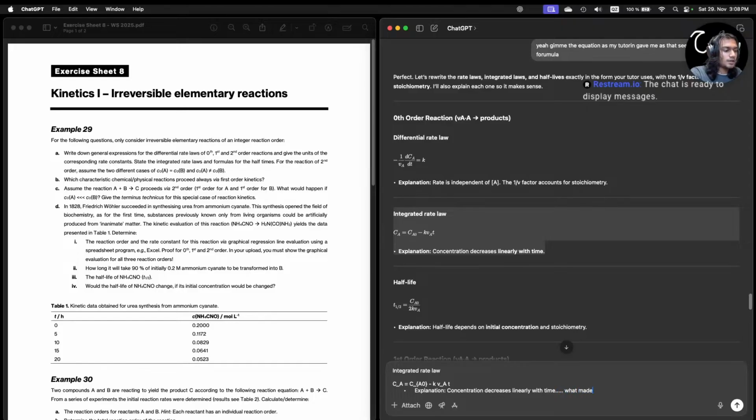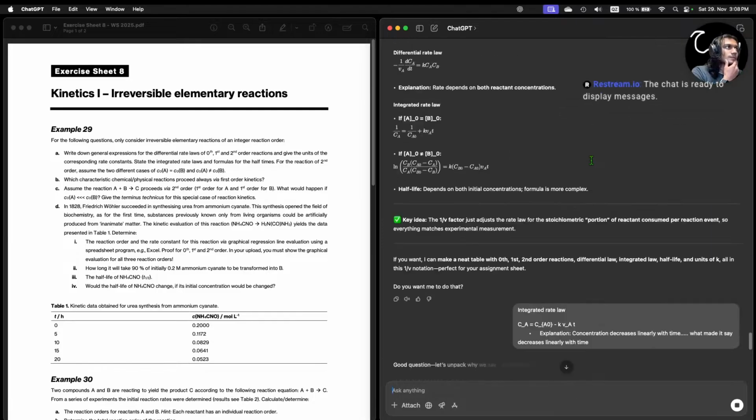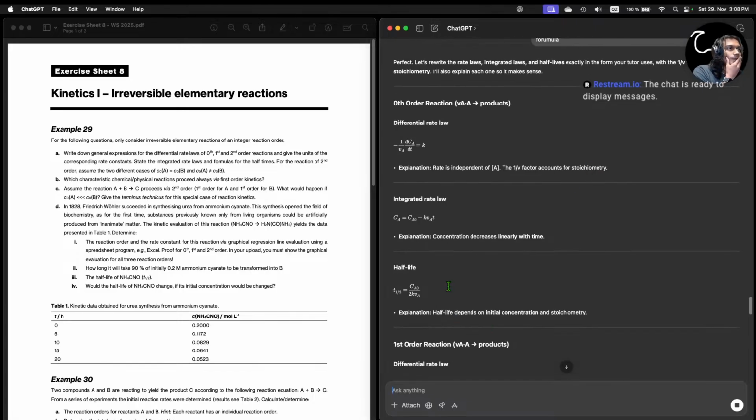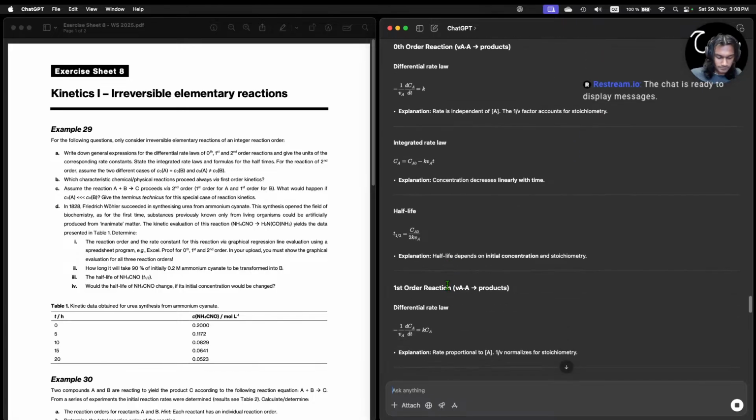What made it say decreases linearly with time? Half-life, half-life.